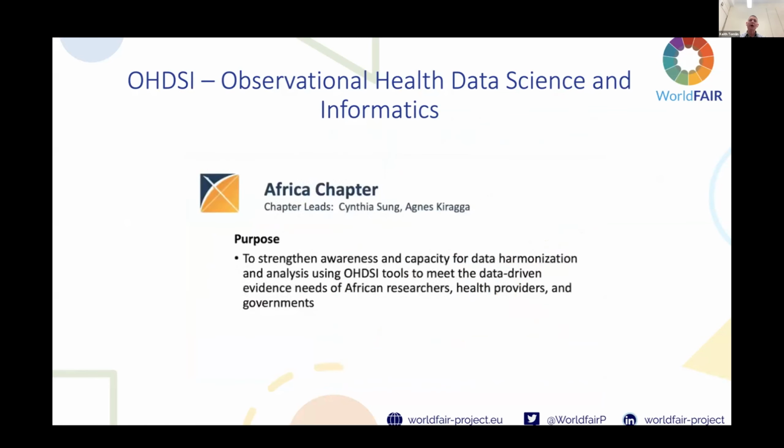And it also has a specific Africa chapter, partly led by colleagues who we work with at Inspire. And that has a very distinct directive to strengthen the awareness and capacity for data harmonization and analysis. And also in particular to look at producing relevant standard vocabularies.